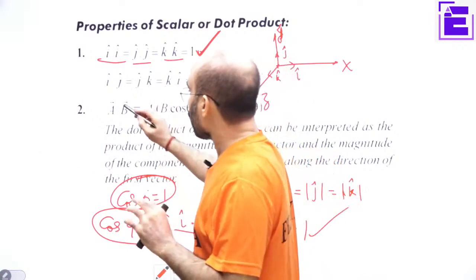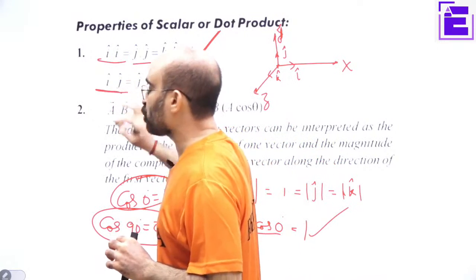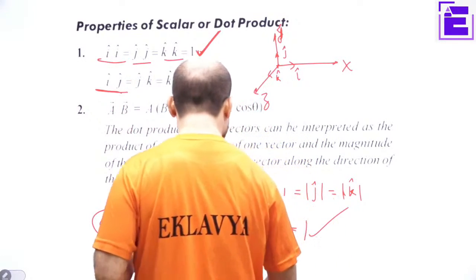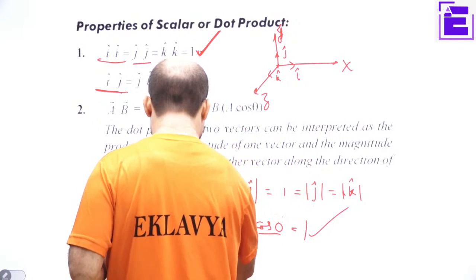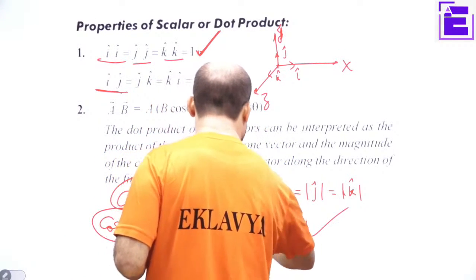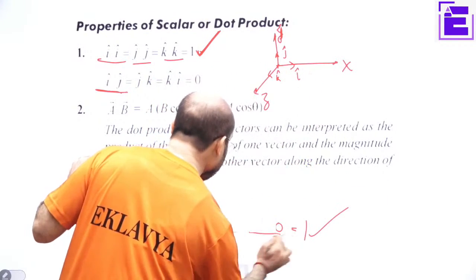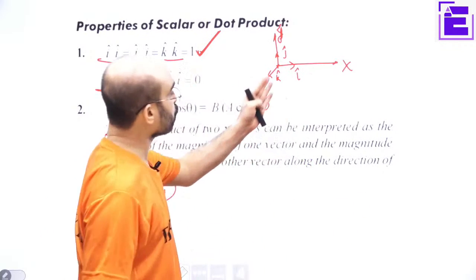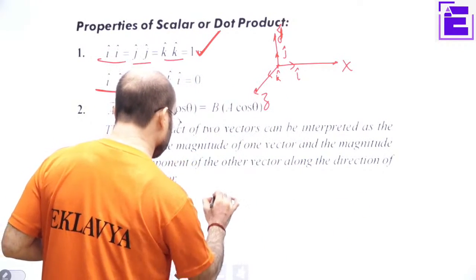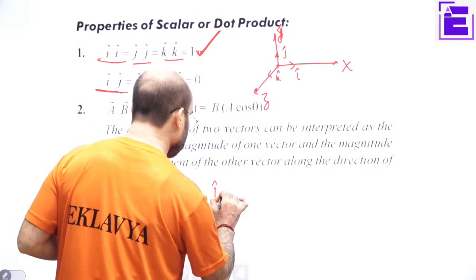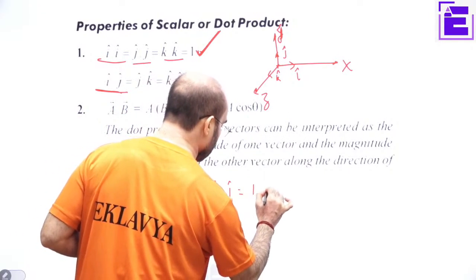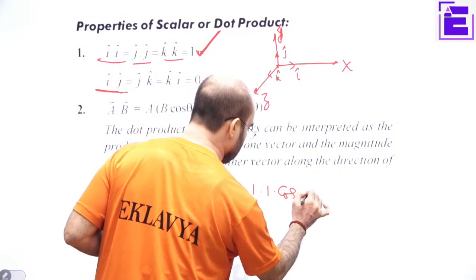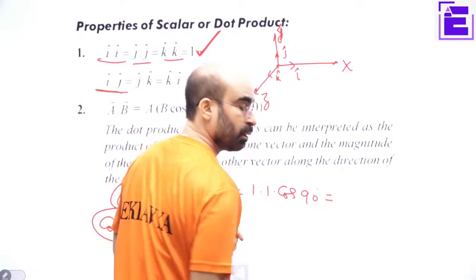So these are understood now. Okay, if you are multiplying I dot J, then what will happen? I and J are mutually perpendicular. So I dot J equals 1 into cos 90 degree. Cos 90 degree is 0.